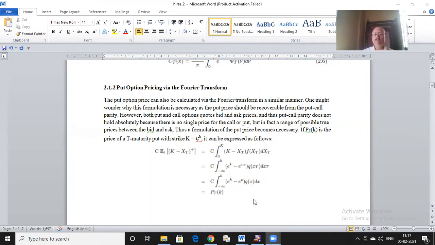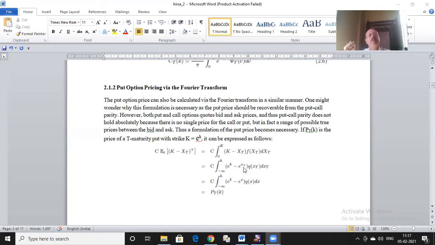But as I mentioned earlier, when we are doing option pricing here, we are not actually doing it for a single price. We are always looking at a range of possible true prices, because in the stock market, not only for numerical convenience, we always have a range of price between the bid price and the ask price.